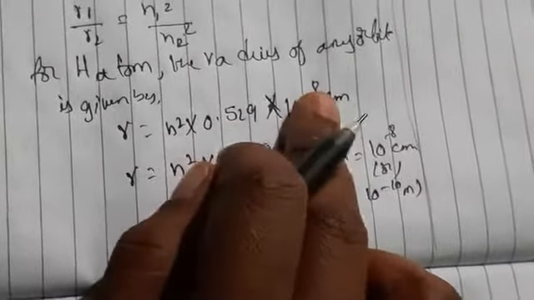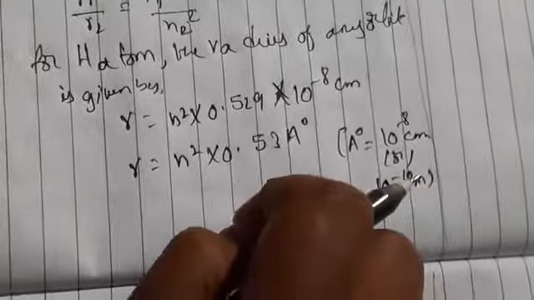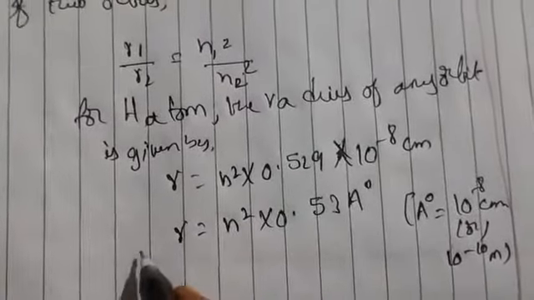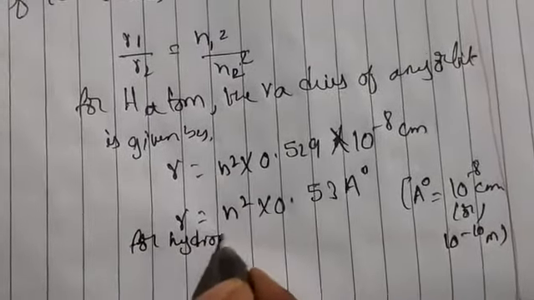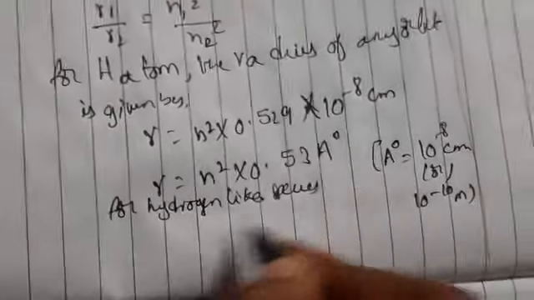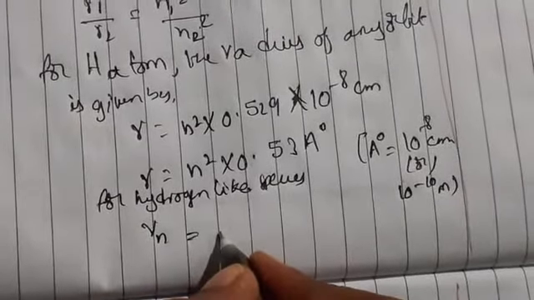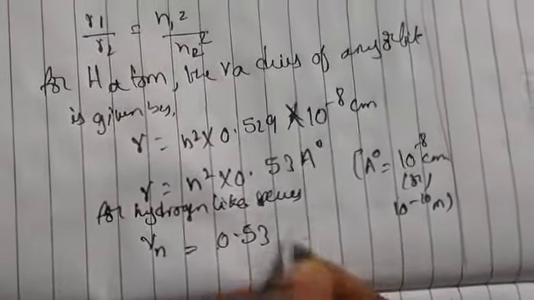For 0.529 into 10 to the power minus 8, simply we can write the unit as angstrom. So for hydrogen like species, the radius Rn, taking only one orbit now, is 0.53 into n square by Z angstrom.